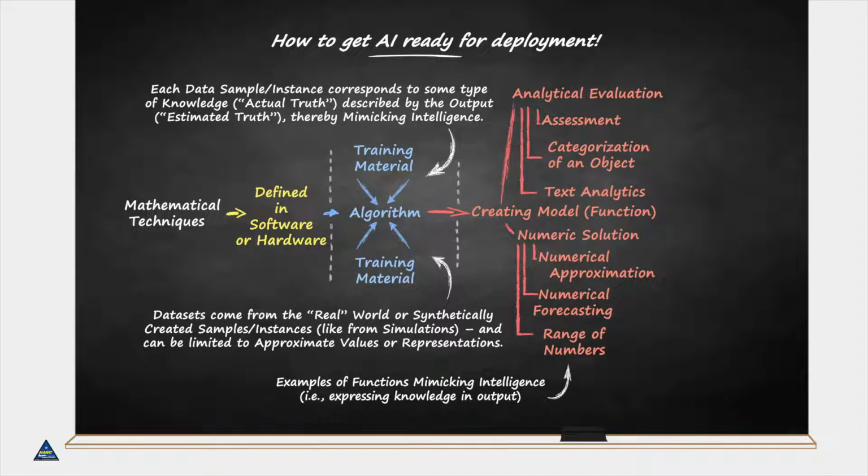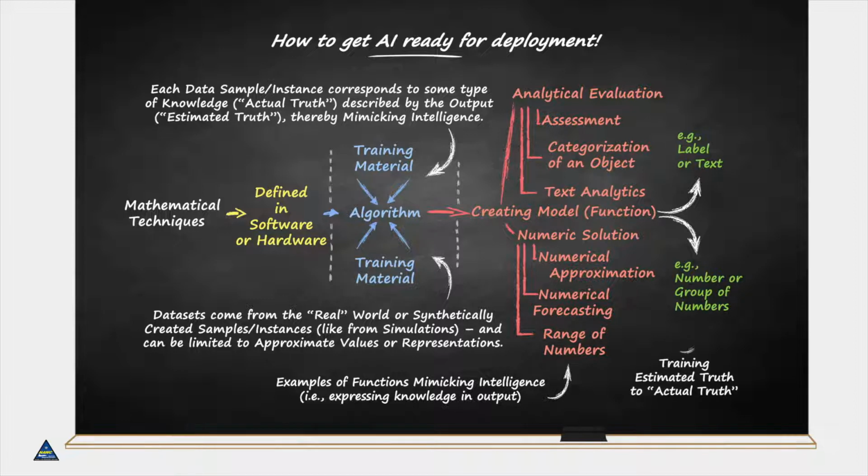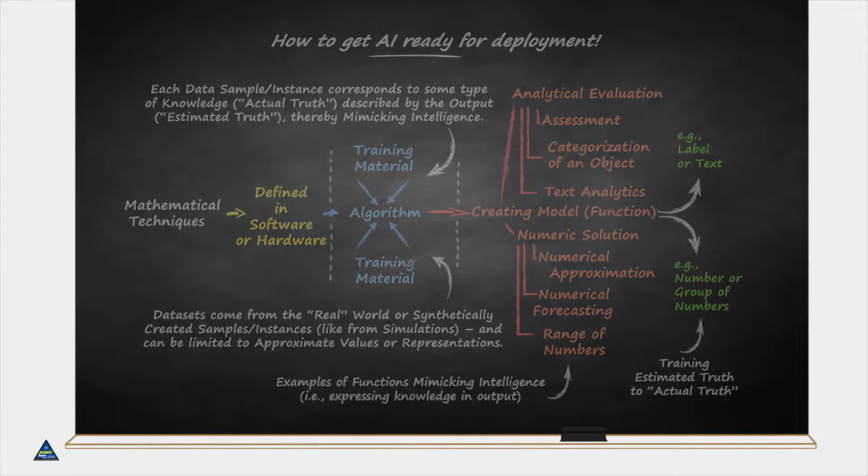And how you recognize that it mimics properly is in the label that it produces or in the number that it produces. And obviously these are examples of how it's representing, estimating actual truth. But do you have confidence that it can generalize well enough to be successful? And when you're sure that it can meet expectations, that's when you know that AI is ready for deployment.